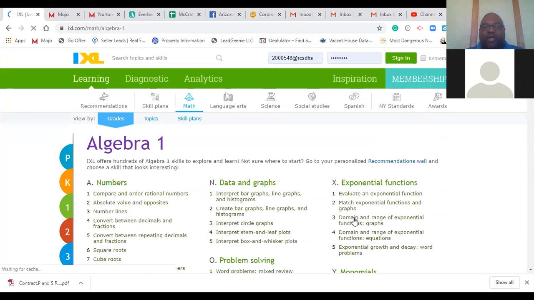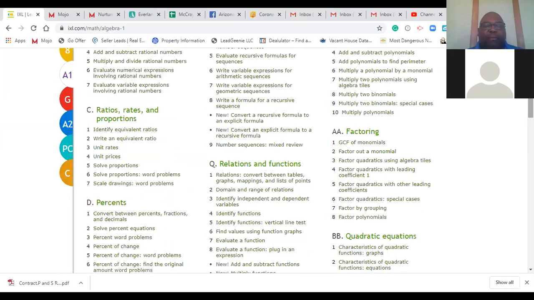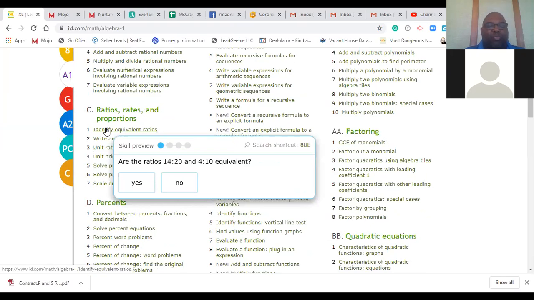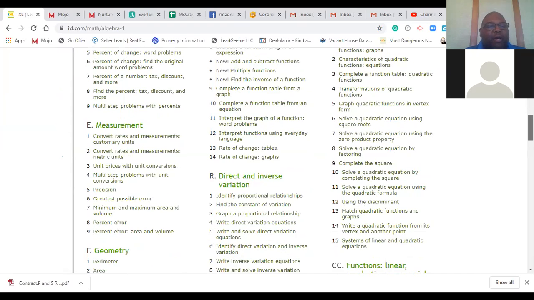And it gives you like a choice of different things to practice. Now, my recommendation is for you to practice factoring, percentages, rates and proportions. You don't have to write this down because the video is going.